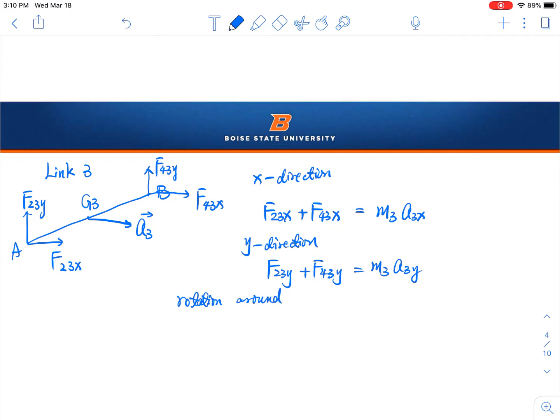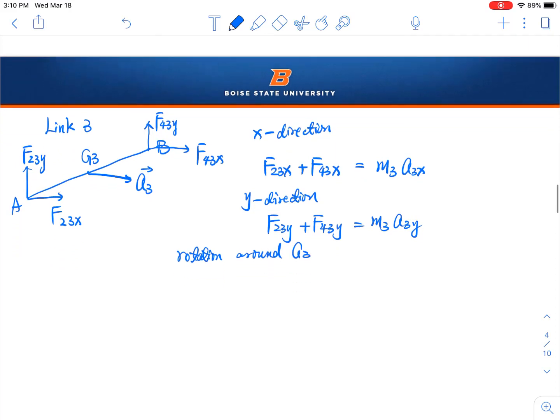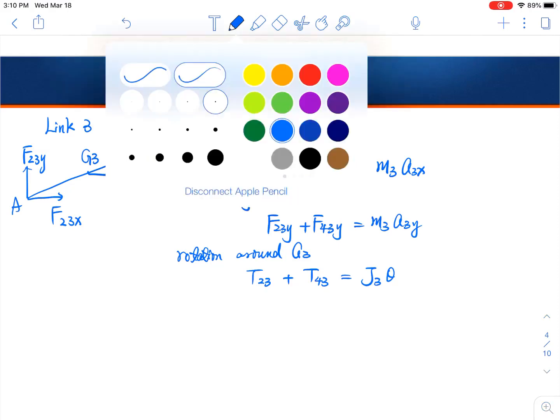around G3. And then this gives us the torque, which is introduced by force 2-3 plus the torque introduced by force 4-3. That's going to generate an angular acceleration around G3. So the acceleration here, let me label it out.